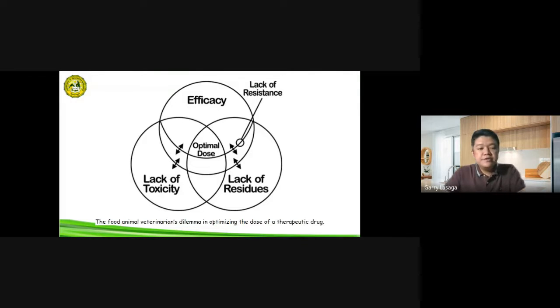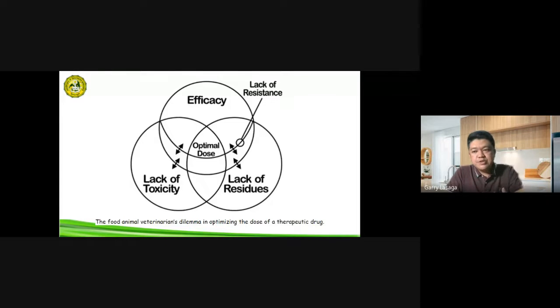Another consideration for veterinarians who work with food-producing animals, such as poultry, swine, and cattle, is that they have to consider the residues present in the byproducts of the food animals, such as meat, milk, and eggs.